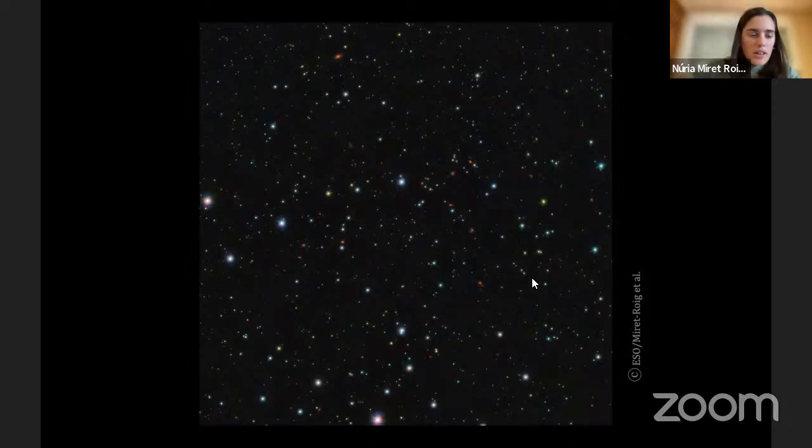I'm not sure in the room the quality of the projector is going to be enough, but since this presentation will be online later, you can try to have a look on a good screen, and you should try to find an object that is very faint and at the same time very red. And this is exactly that one. This is one of these free-floating planets of only 8 times the mass of our Jupiter.